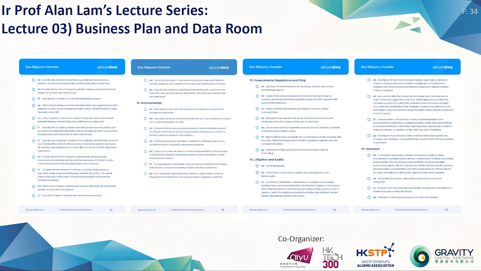And section 13 is related to governmental regulation and filing. Like I mentioned, the regulation, license, or some government tender, and all the information, you can put it in section 13. And section 14 is related to legal. Do you have anybody suing you, or a court record, things like that? Normally, as a startup, you don't have that kind of problem, so this section is related to that.